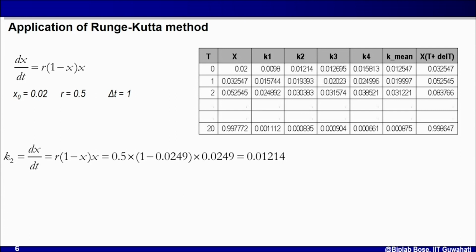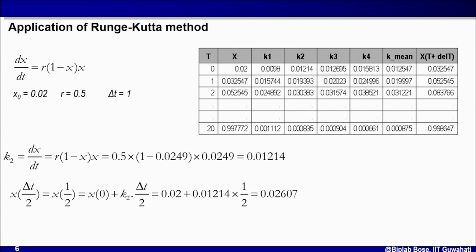So to calculate k3, what will I do? Using the slope k2, I will draw a line from the position of x at t equal to 0 and extend it so that it reaches up to t equal to delta t by 2. So the value of x at delta t by 2 will be equal to the value of x at the 0 time point plus k2, because now I will use the slope k2, into delta t by 2.